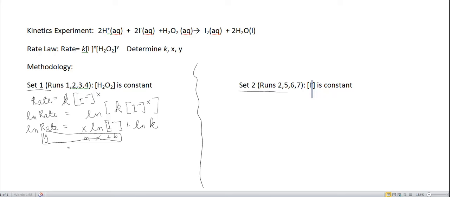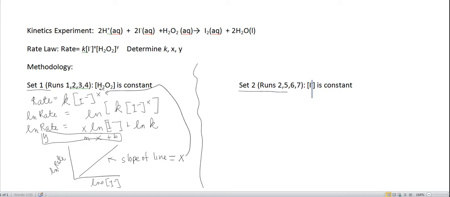So then if we do a plot of the ln of rate versus ln of the concentration of iodide, we should get a straight line going up, and the slope of the line is equal to x, which is that x there. So that is how we are going to solve for x.